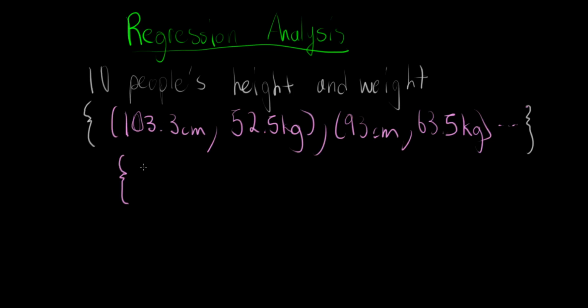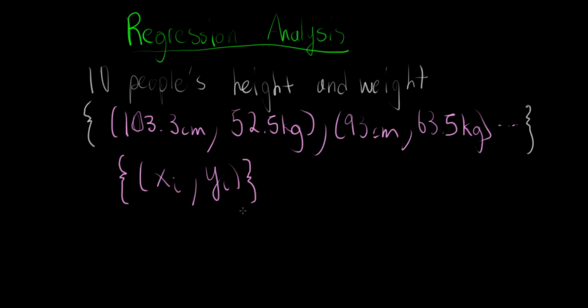So another way to write this is to say (xi, yi), where x represents measurements for height, y represents measurements for weight of each person. And what this means is that xi is the height measurement of any given ith person, and yi is the weight measurement of any given ith person.